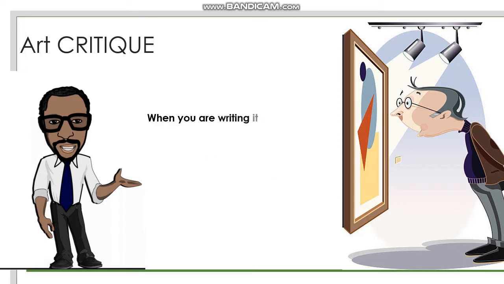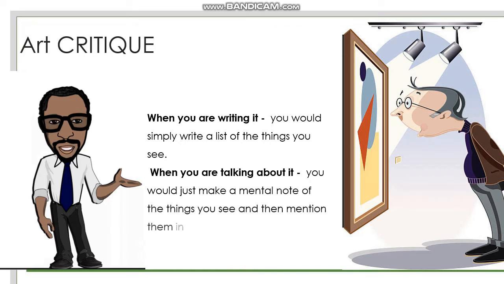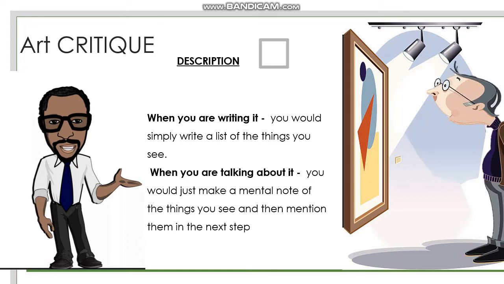When you are writing it, you would simply write a list of the things you see. When you are talking about it, you would just make a mental note of the things you see and then mention them in the next step. So once we have described, we can check that from our list.